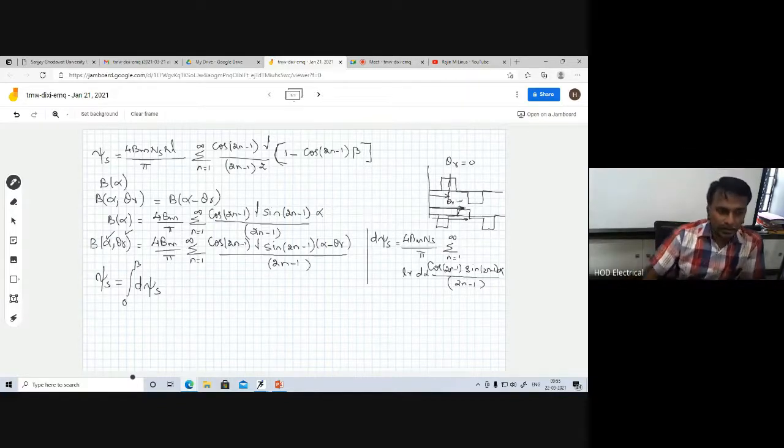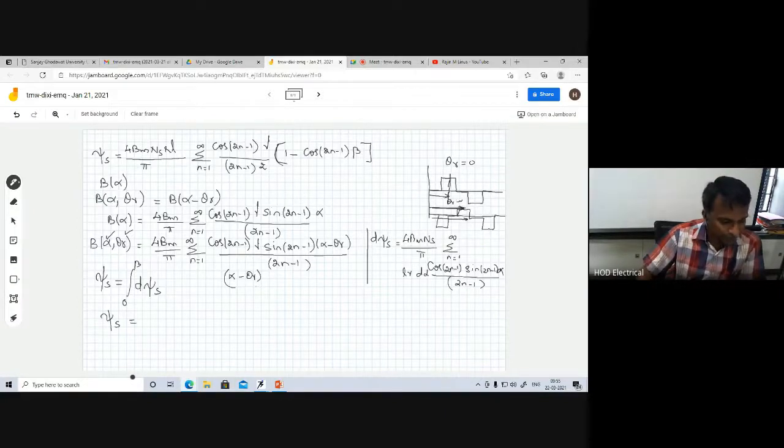Now for psi s, for this alpha, how will we write it? Instead of alpha, we have to substitute alpha minus theta. When you substitute it and derive, we end up with this equation of magnetic flux linkage psi s.